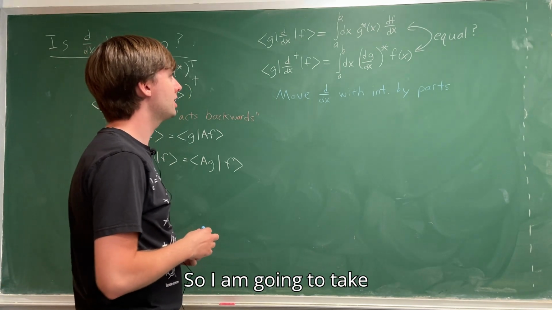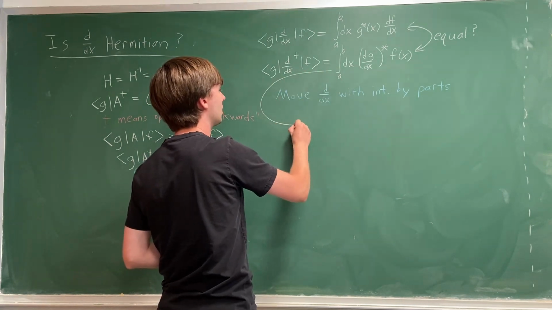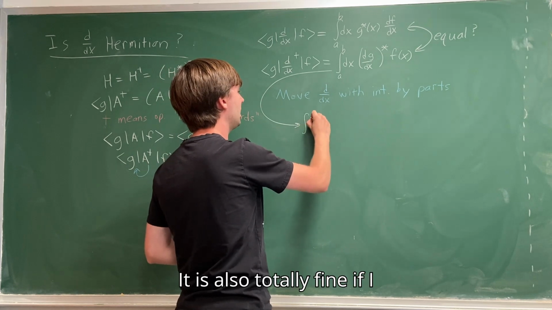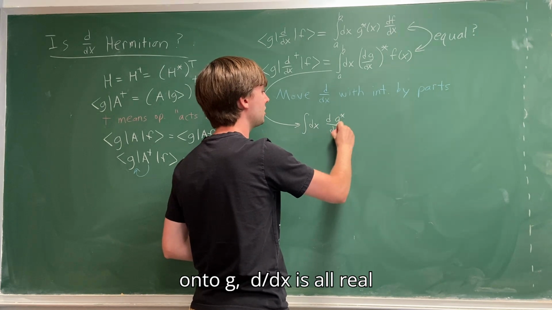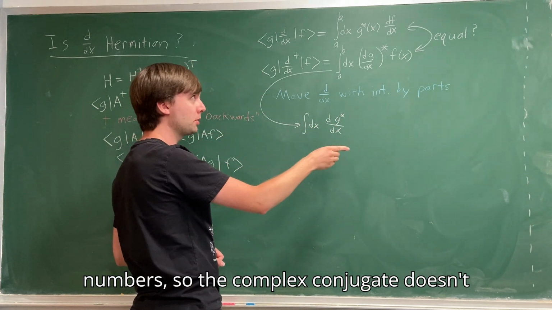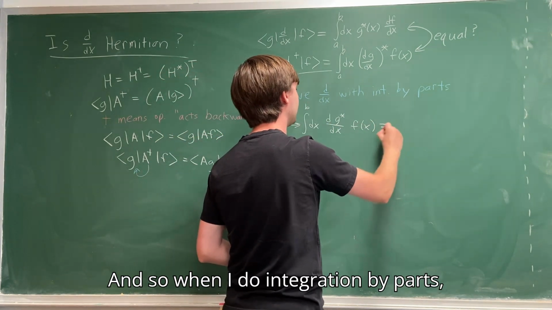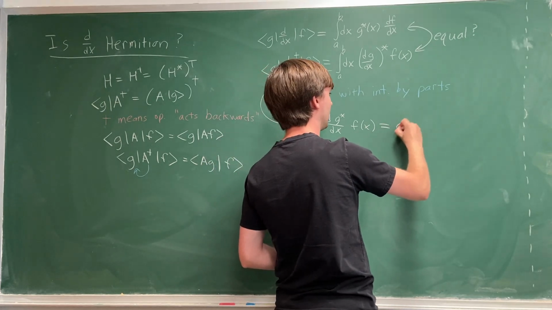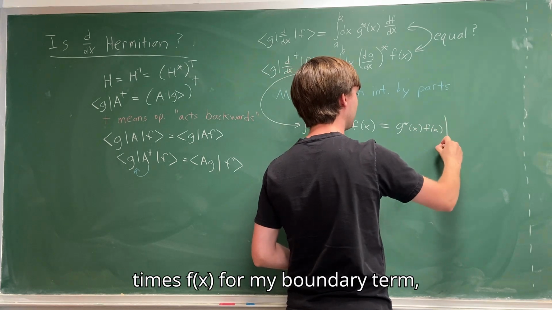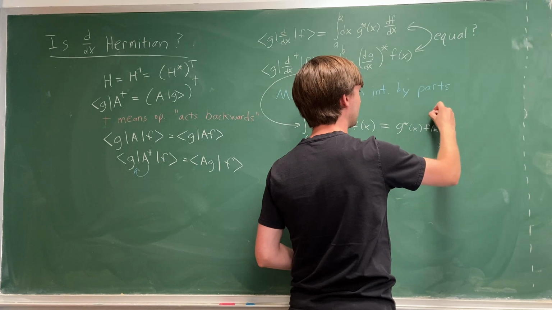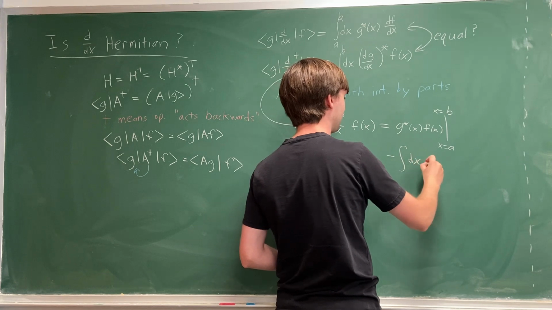So I am going to take the second equation here. It is also totally fine if I move the star directly onto G. d/dx is all real numbers, so the complex conjugate doesn't do anything to it. And so when I do integration by parts, I have g star of x times f of x for my boundary term, evaluated on the boundary, minus this with the derivative on the other one.